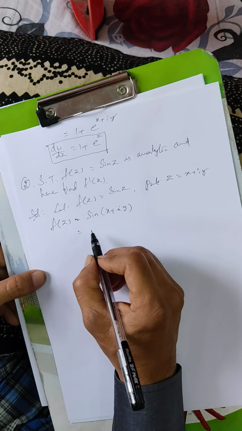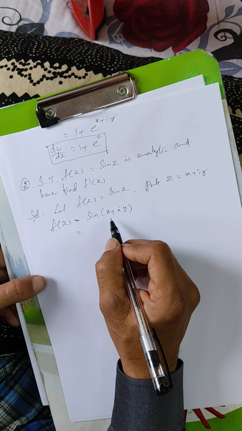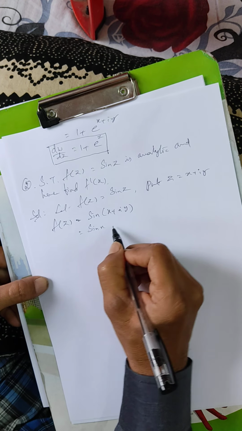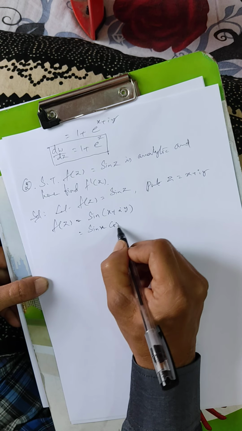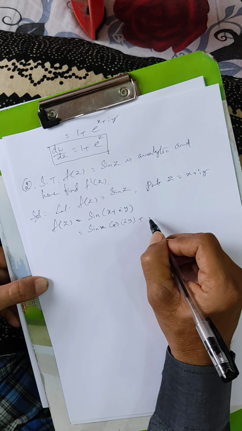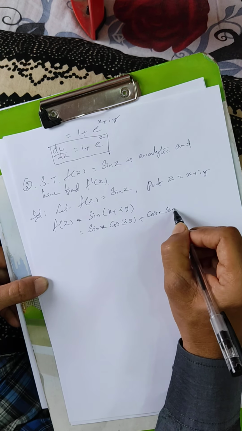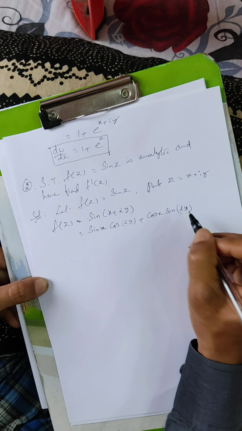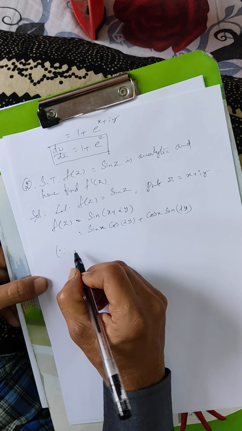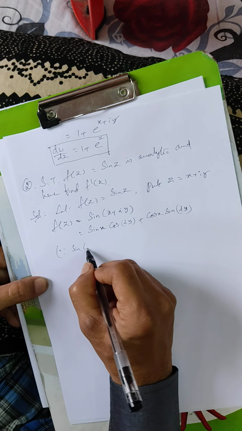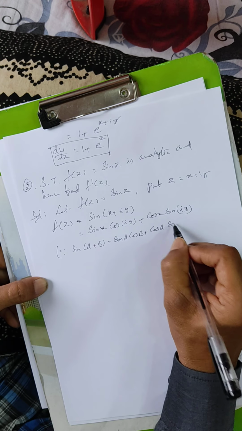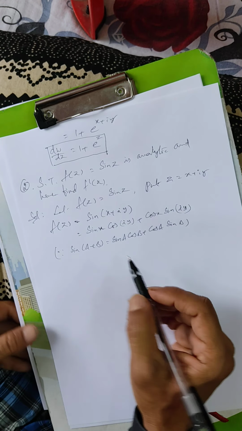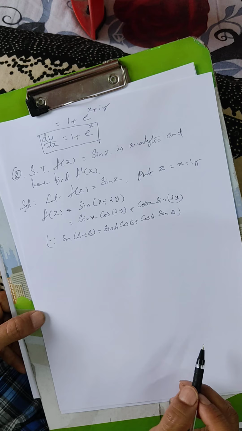Sin of a plus b is equal to sin a cos b plus cos a sin b, so we get sin x cos iy plus cos x sin iy. Here a is x and b is iy.